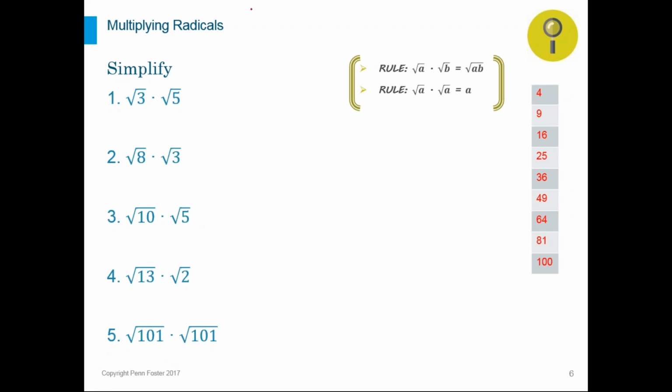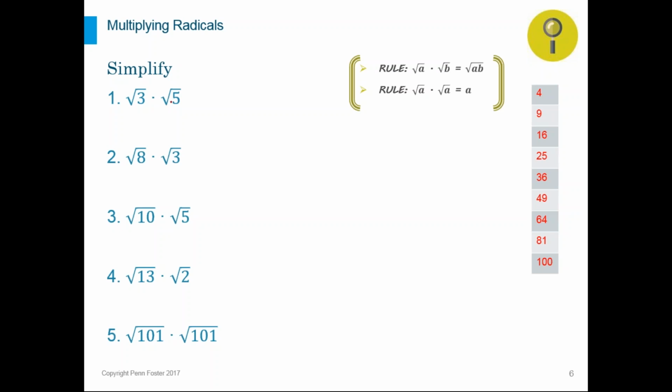Remember the table that we went through, the chart of perfect square factors 4, 9, 16, and so on. Our job is to find if any number under the radicals has any perfect square factors. In this case, our numbers are so small, 3 and 5, and we know that 3 does not have any perfect square factors, and the same thing for 5.